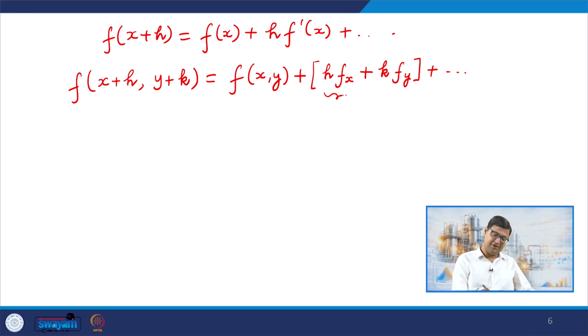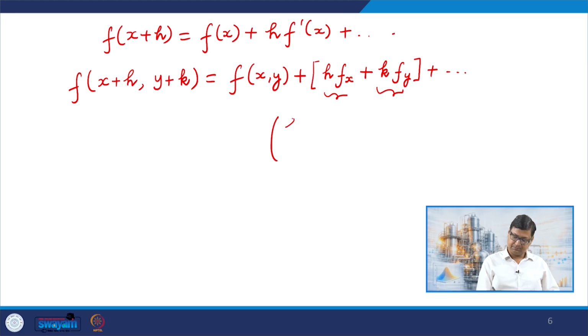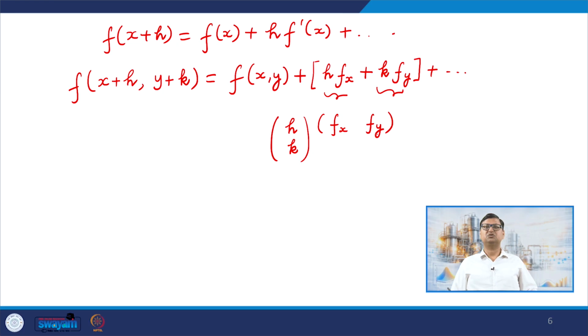So, now we have two terms appearing here, one that contains the derivative of the function with respect to x, and the other that contains the derivative with respect to y, right. And if I now want to write it formally, I can write it something like h k multiplied with something like f x x y.